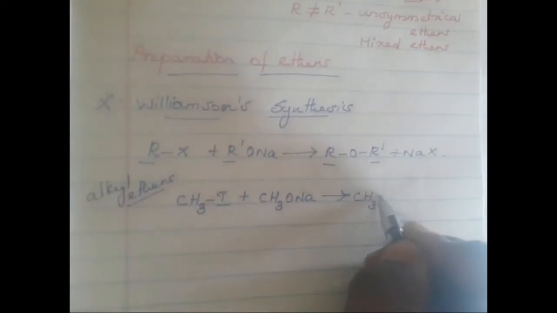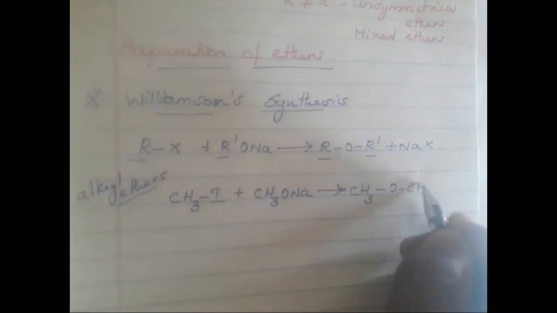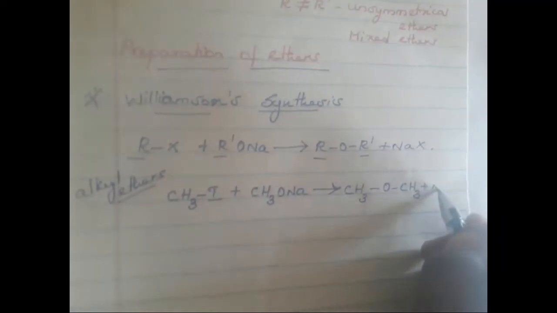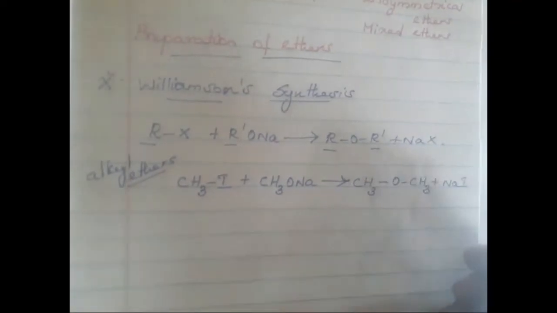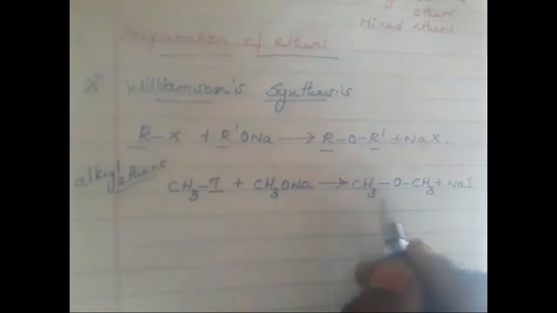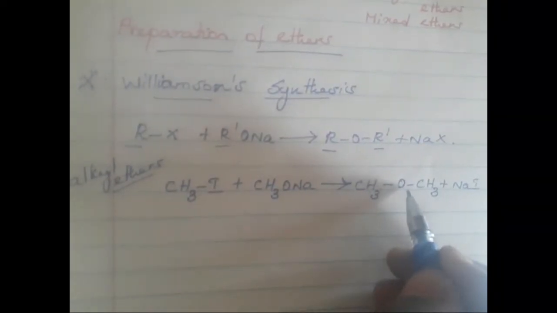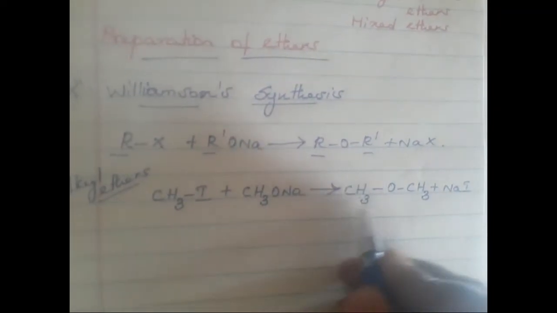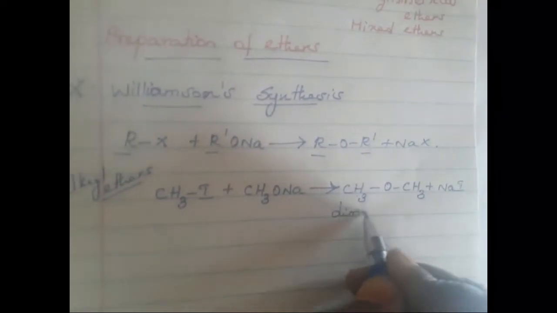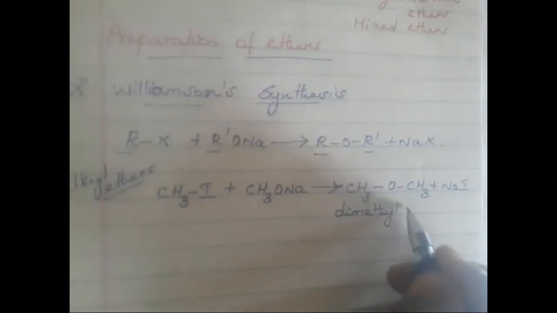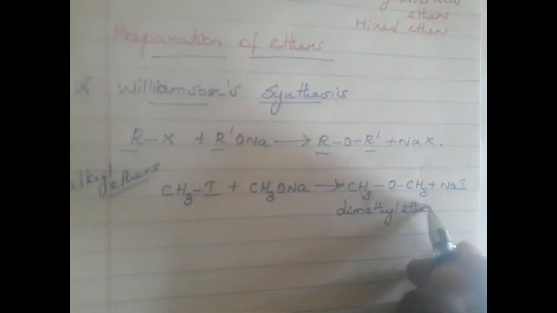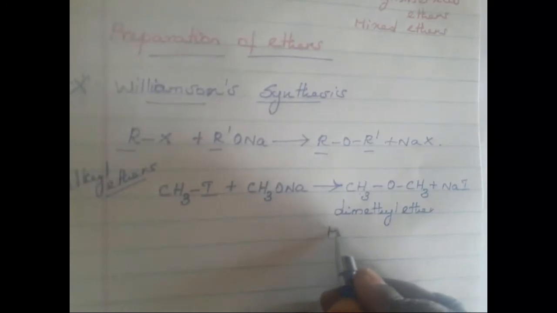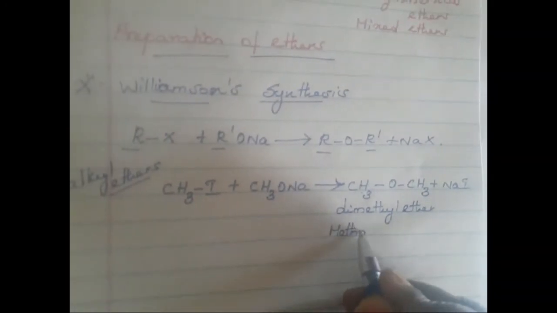So it will become CH3OCH3 plus NaX, and since you have taken iodine, NaI. The name of this ether, CH3OCH3, is dimethyl ether. The IUPAC name for this compound is methoxymethane.